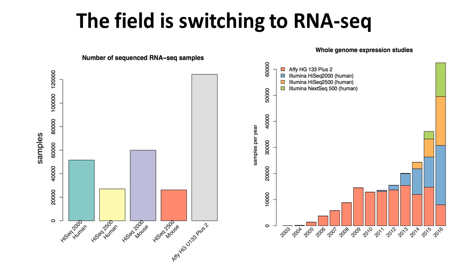So these are not all of the RNA-seq and microarray datasets, and there are indeed more microarray samples in GEO than RNA-seq right now. But as you can see on the right side, the number of samples that are submitted to GEO and SRA with RNA-seq data is rapidly growing, and we are starting to see a decline in the number of microarray studies that are submitted.